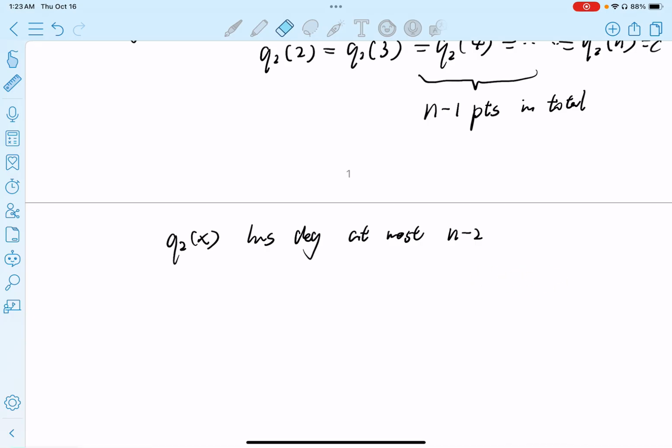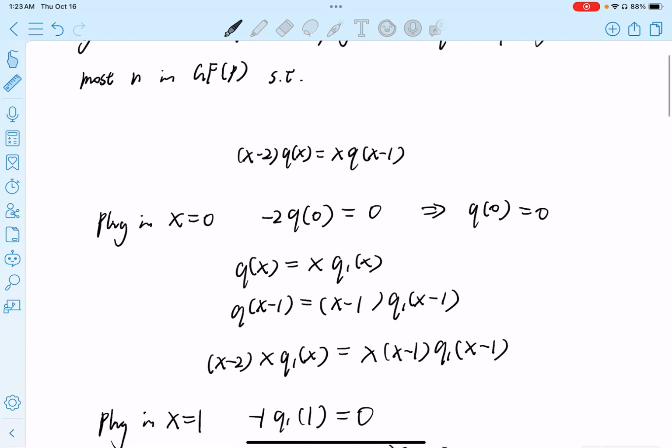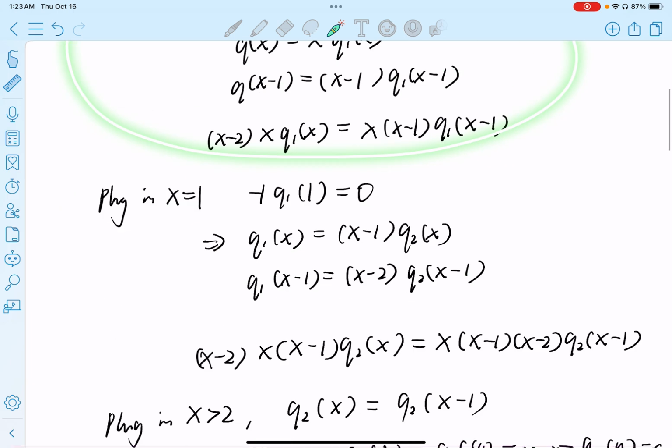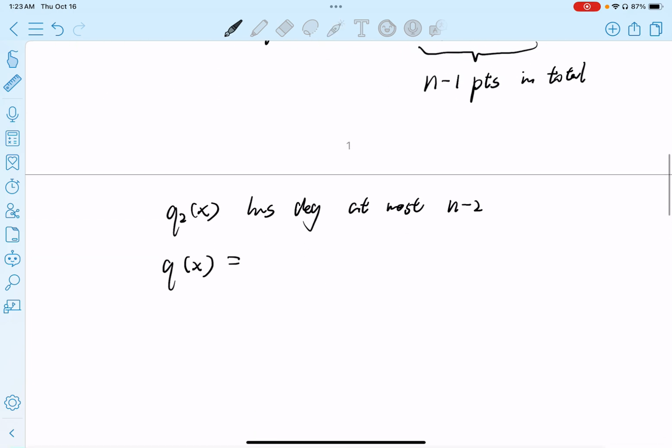So right now we have that q2 is a constant, and then we can solve for the expression of q. Because we know q of x has a root which is 0, we know q of x is equal to x times some q1 of x.